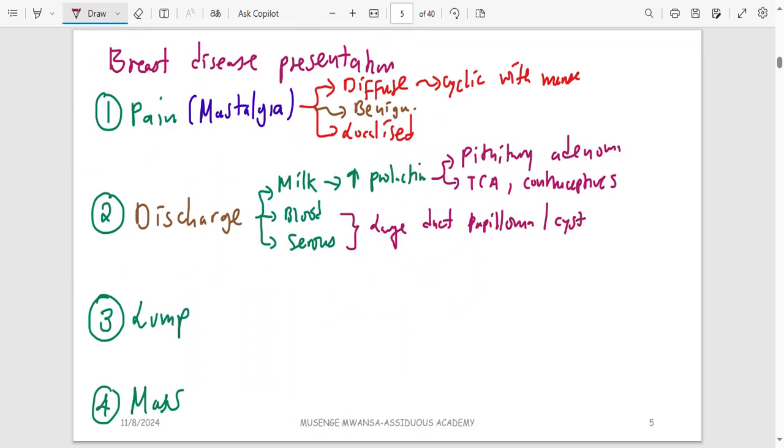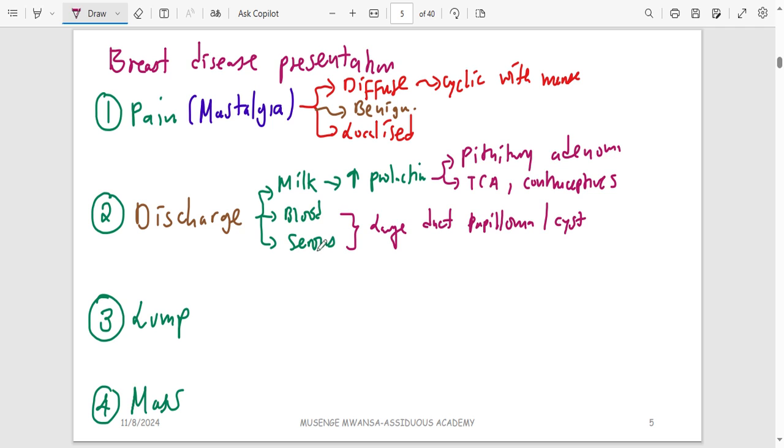And when you look at these large duct papillomas and cysts, or even these discharges that are happening, the risk of having cancer later on with these discharges will increase with age. So the older someone is and the more discharges you are seeing, the higher the risk of having cancer.